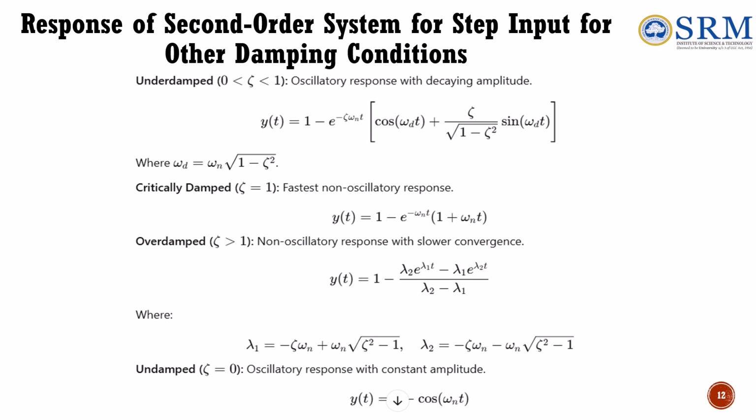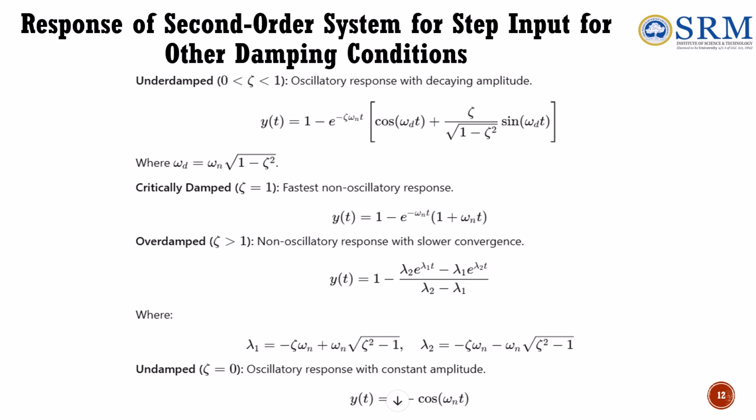So if we consider the underdamped system, that is zeta value lies between 0 and 1, we will be getting an oscillatory response with decaying amplitude. So y of t will be equal to 1 minus e raised to minus zeta omega n t into cos omega d t plus zeta by root of 1 minus zeta square sin omega d t, where omega d equal to omega n into root of 1 minus zeta square.